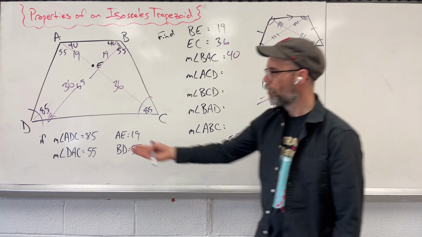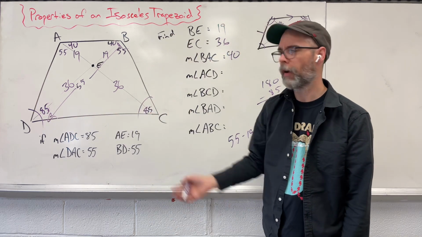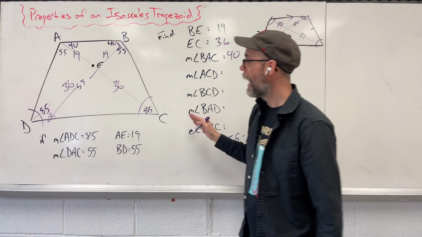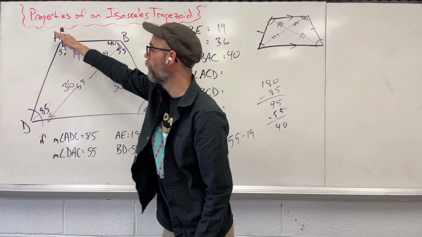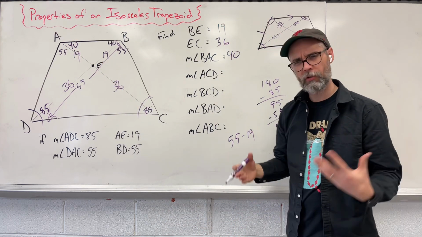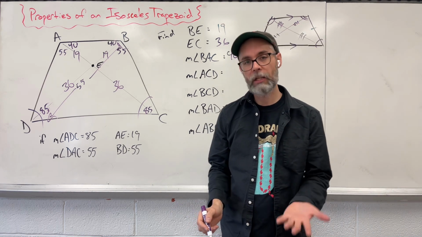We missed something, because we knew that this whole vertex was 85 and this one's 85. Now, since we have parallel lines, top and bottom, we also have a third line, a transversal, that cuts through them. If you go back to the beginning of geometry, some of the first stuff we should have learned, we have things called alternate interior angles.